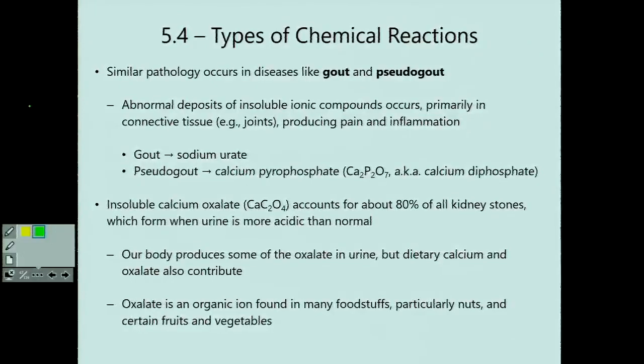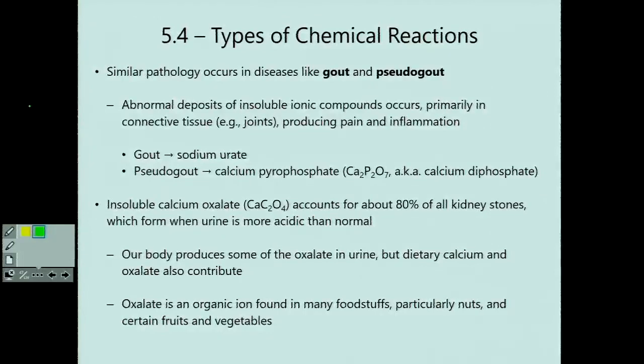It turns out that the culprit in gout is a compound known as sodium urate, urate coming from uric acid. And uric acid is associated with certain foodstuffs that, when you don't properly metabolize them, or they accumulate in certain ways that, again, are not entirely clear.